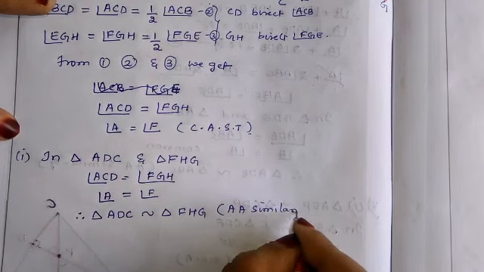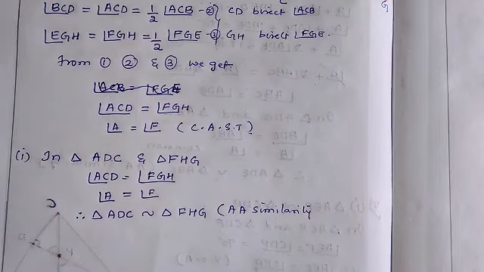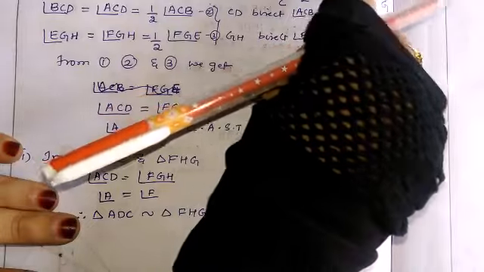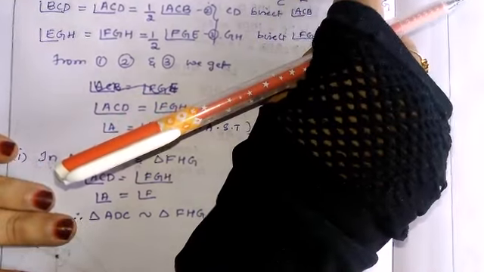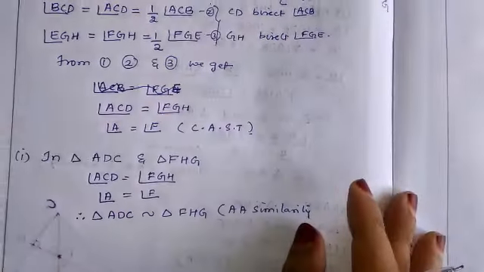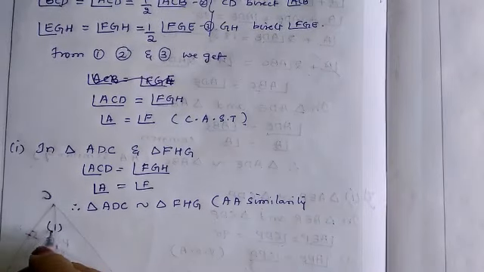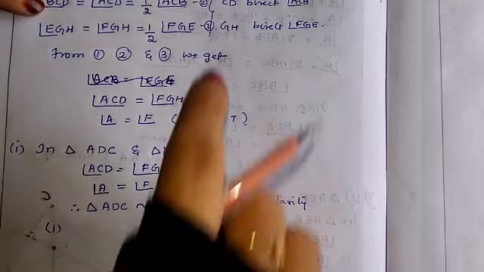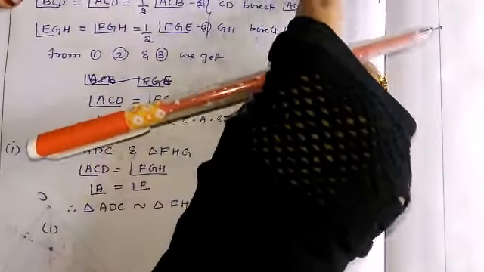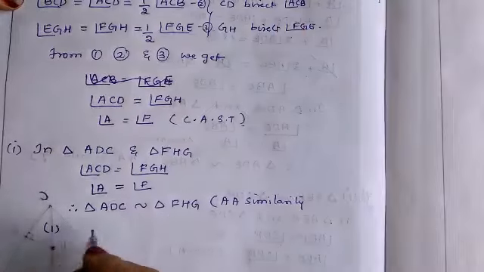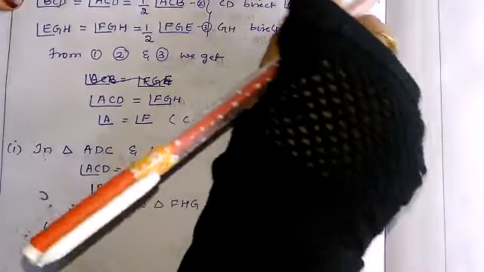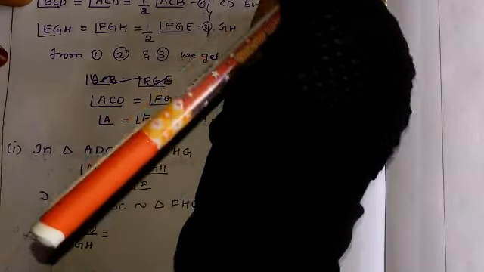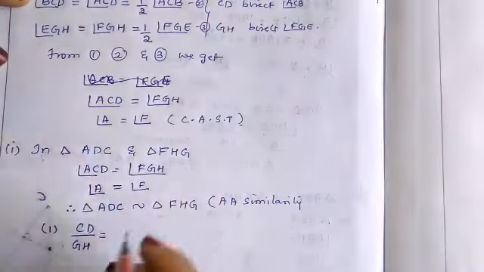One we proved. Now if these two triangles are similar, then we know that their corresponding sides are in proportion. So let us write what they have told to prove. Corresponding sides: CD upon GH is equal to AC upon FG.